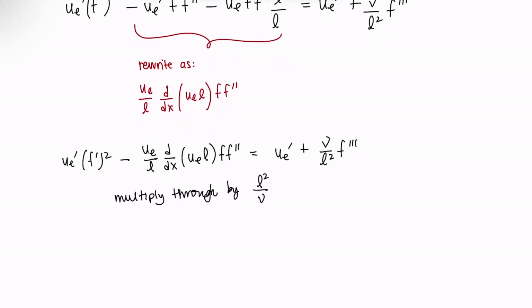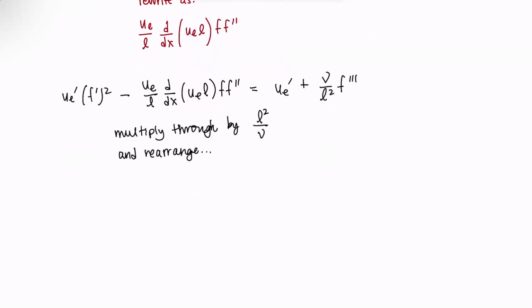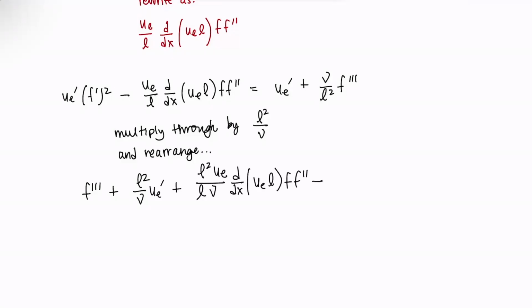When I do that and rearrange, I will get F triple prime plus L squared over nu times UE prime plus L squared UE over L times nu d/dx of UE times L F double prime minus L squared over nu UE prime F prime quantity squared is equal to 0.